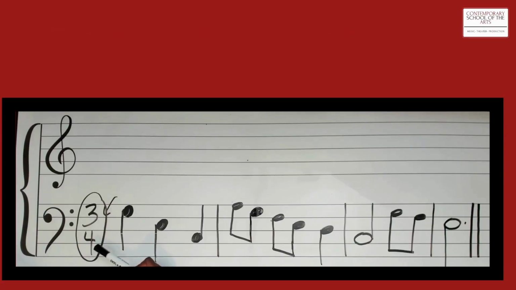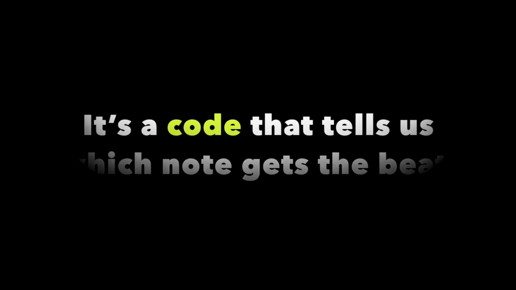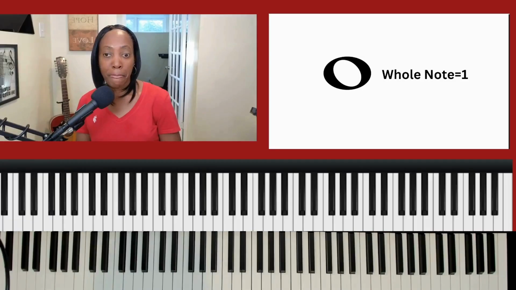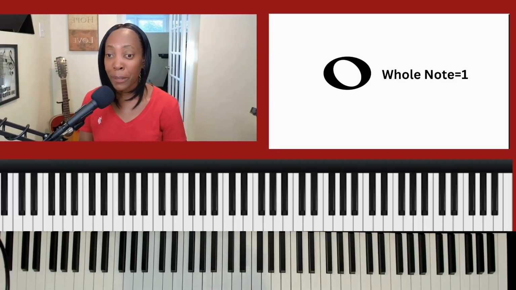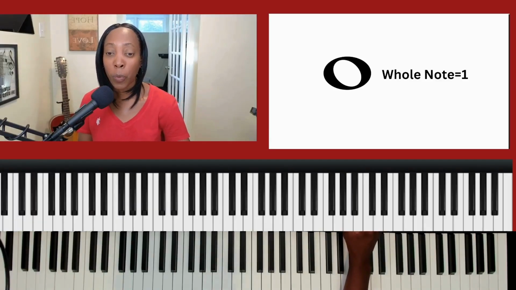But there's a bottom number. And what is that bottom number all about? Well, it's a code. I'll tell you. Okay, you remember the whole note. The whole note, the code is 1.